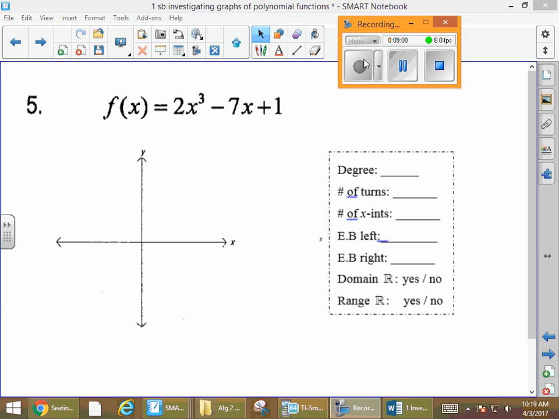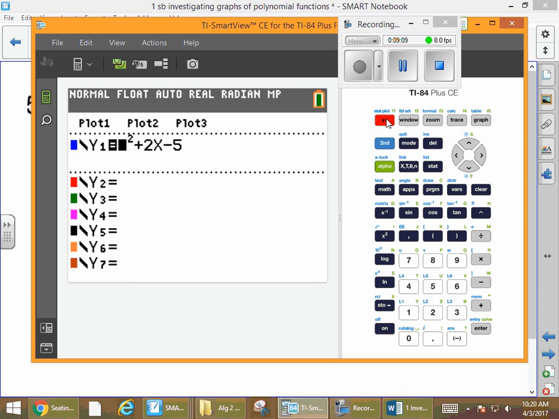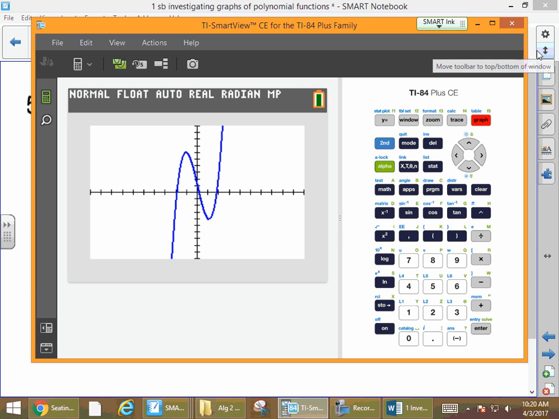So let's type in problem number 5 and look at that. So we go to our y equals and we type in 2x cubed minus 7x plus 1. And again, our only goal here is to sketch the graph.